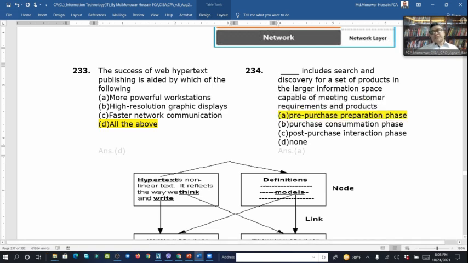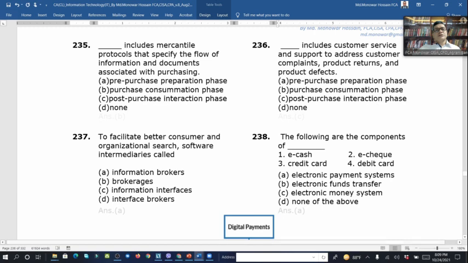When go for website or purchasing, a pre-purchase preparation phase include research and discovery for a set of product in the larger information space capable of meeting customer requirement and products. Dash include mercantile protocol that specify the flow of information and document associated with purchasing.